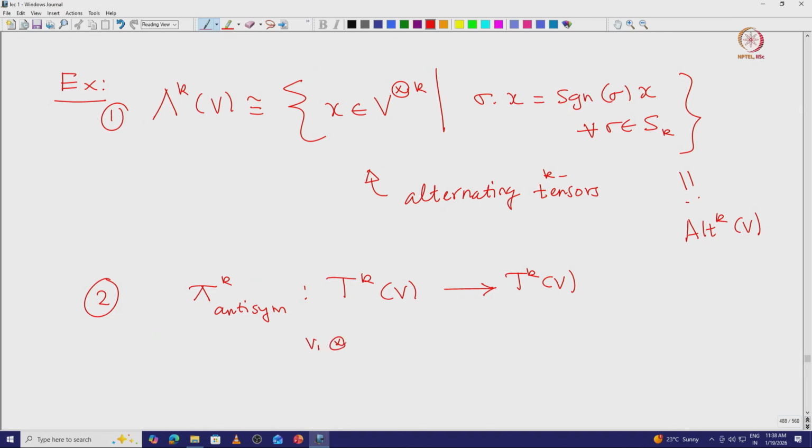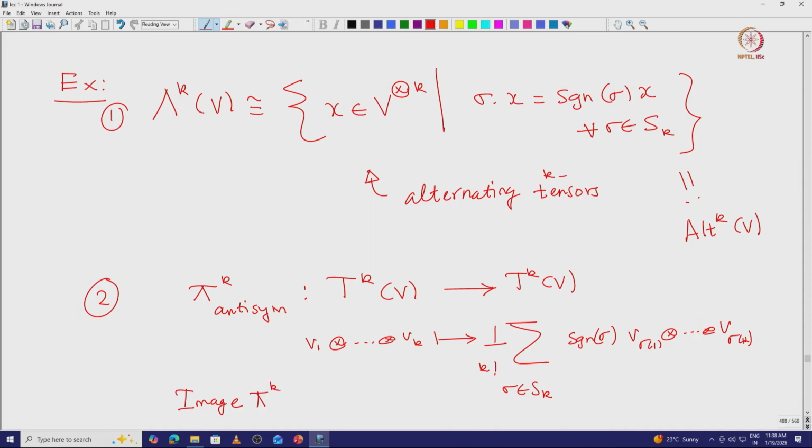So, take v1 tensor etc. tensor vk and send it to the sum over all sigma in S_k, averaged over k factorial, of the signed sum, sign of sigma times v_sigma(1) tensor etc. tensor v_sigma(k).